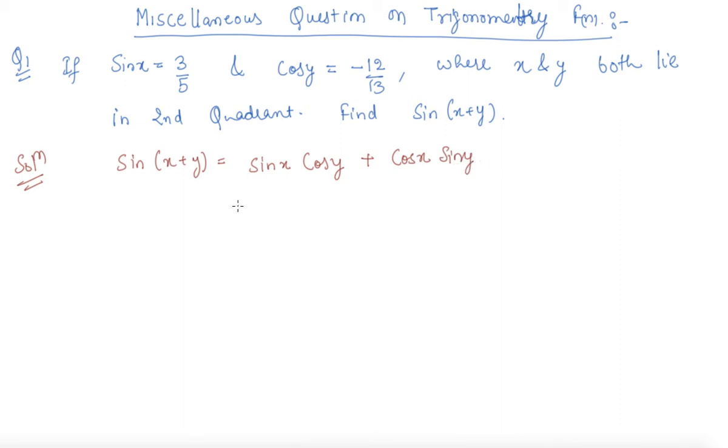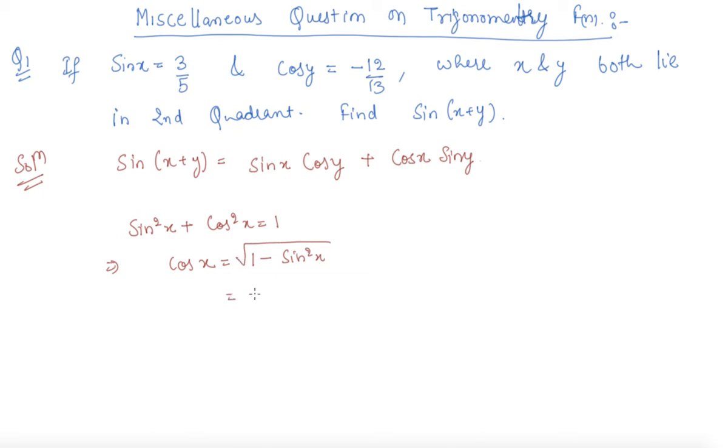We also know that sin square x plus cos square x equals 1. As we know the value of sin x, we can find the value of cos x using 1 minus sin square x.